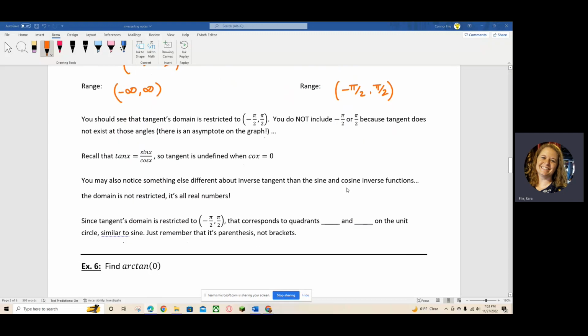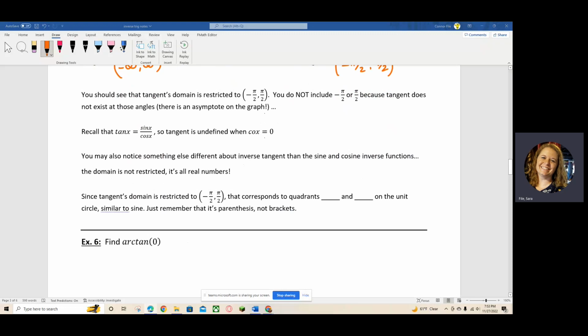It says you may also notice something that's different. Oh, the domain's not restricted, so it's all real numbers. We've got that. All right, so the quadrants that your inverse tangent functions are going to come from are quadrants 1 and 4, just like inverse sine. Except this time, you draw these as out.